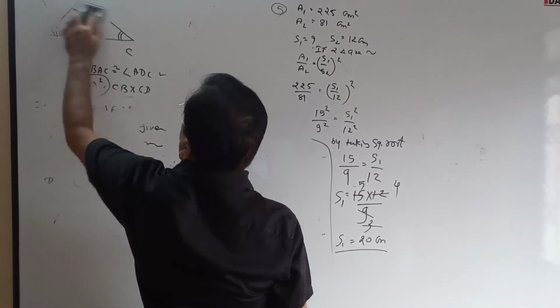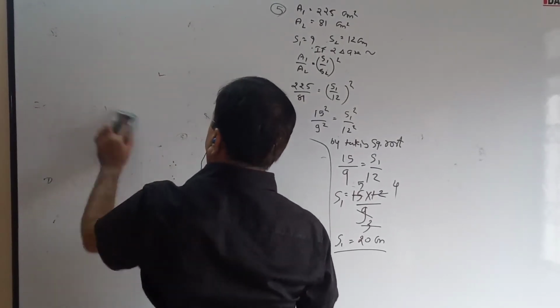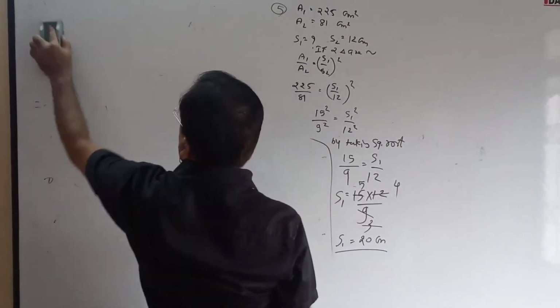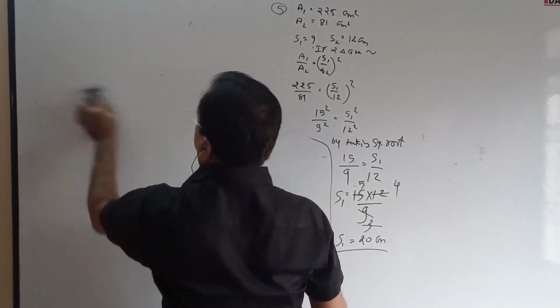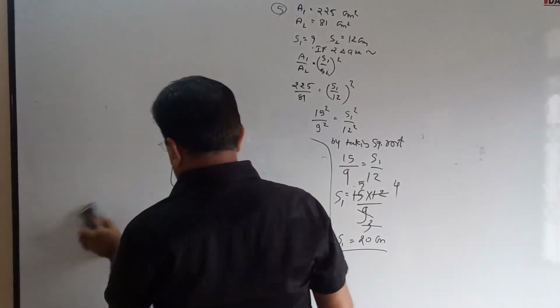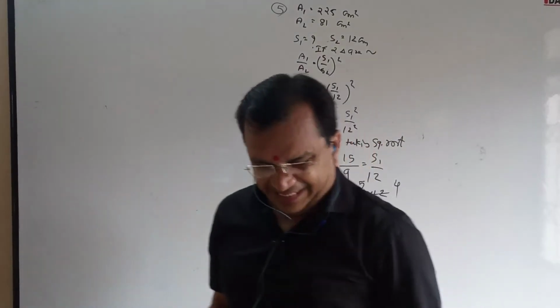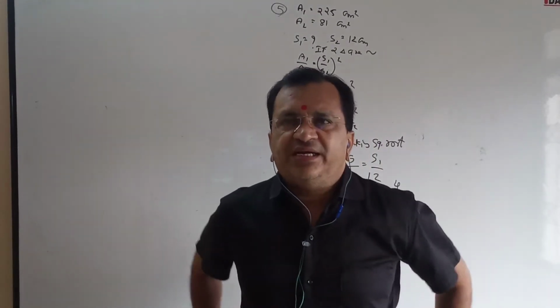Now activity question 7. Only you have to fill in the blank part. For each fill in the blank, you will get half a mark.